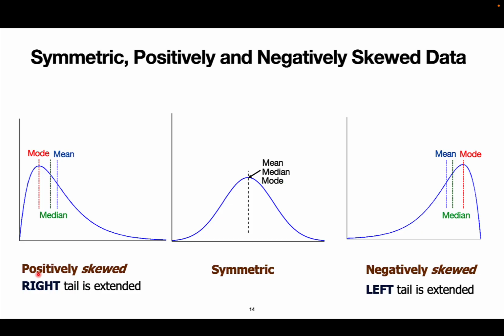Distributions can be positively skewed, which means the mode is less than the median and the median is less than the mean. In other words, the right tail is extended. On the other hand, a distribution is negatively skewed when the left tail is extended, which means that the mode is greater than the median and the mean.